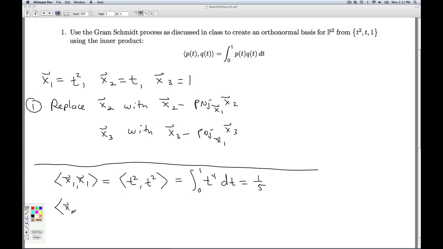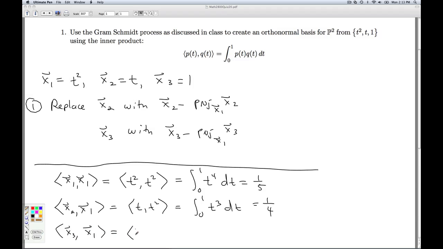The inner product of x2 with x1 is the inner product of t with t squared. That's the integral from 0 to 1 of t cubed dt, which is 1/4. And finally, the inner product of x3 with x1 is the inner product of 1 and t squared, which is the integral from 0 to 1 of t squared dt, which is 1/3.